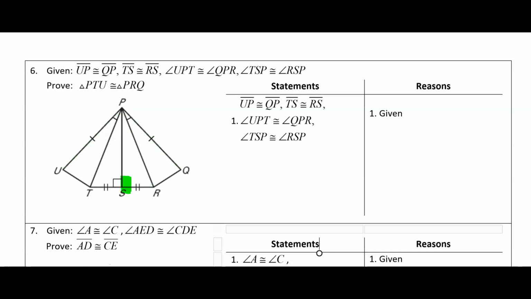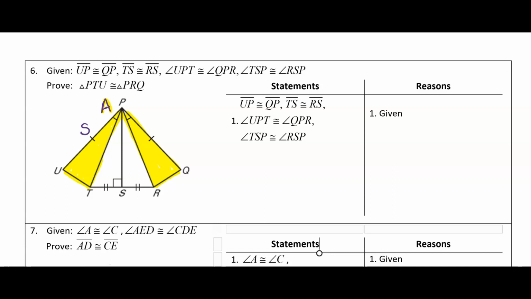So now let's focus on what we are actually trying to prove. We are trying to prove PTU, this triangle, is congruent to PRQ, which is this triangle. If we just focus on those for a second, you will notice that we have an angle, a side.